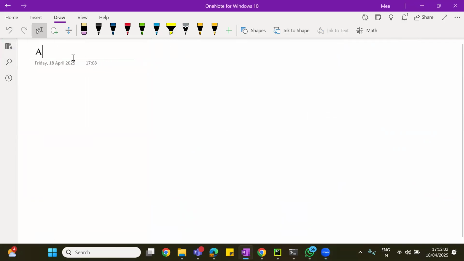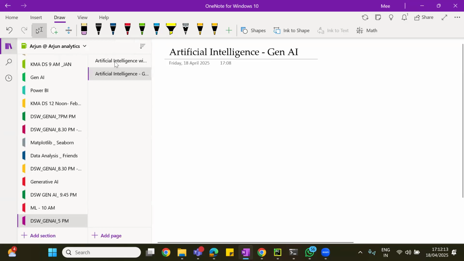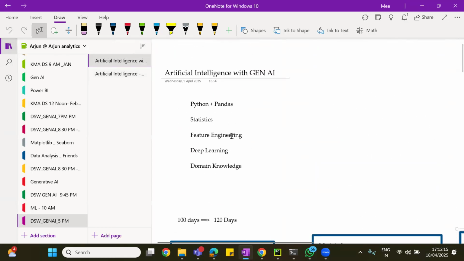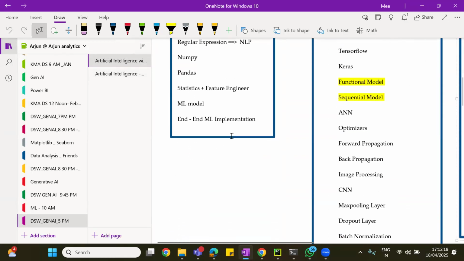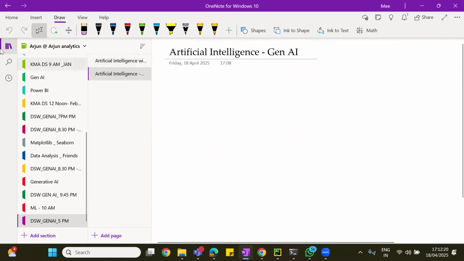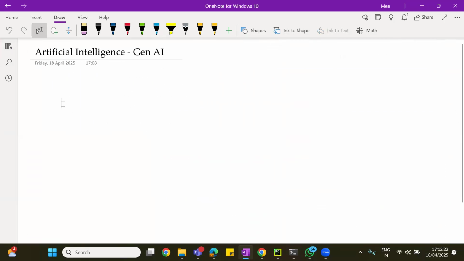Okay, I will give it as artificial intelligence with Gen AI. Now, as I explained in the last class, usually data science is a buzzword around the world that people use a lot.